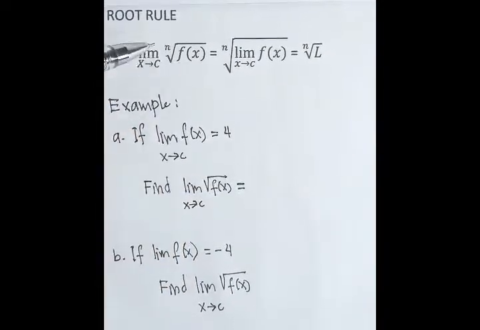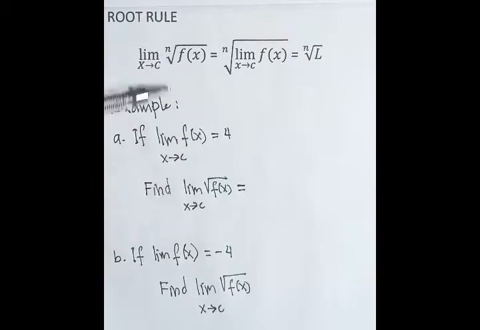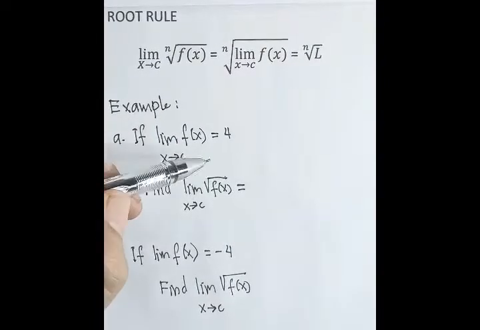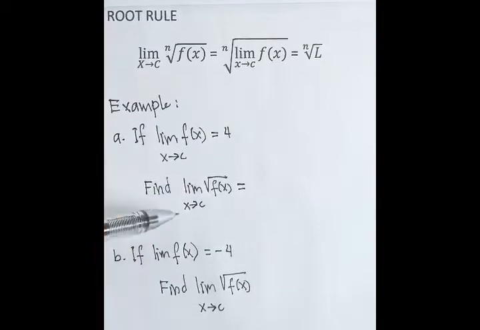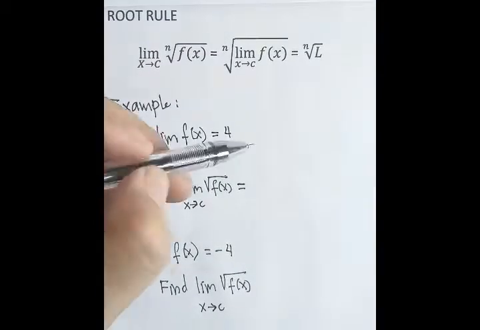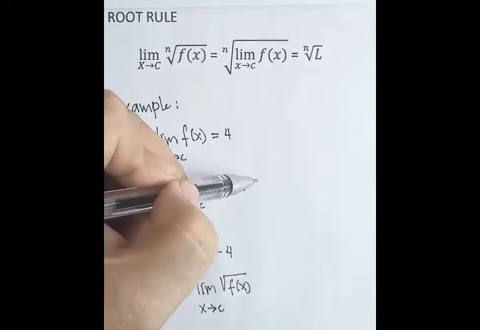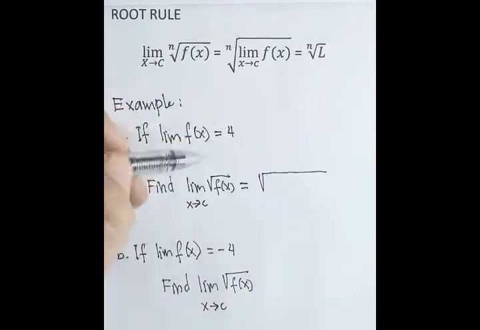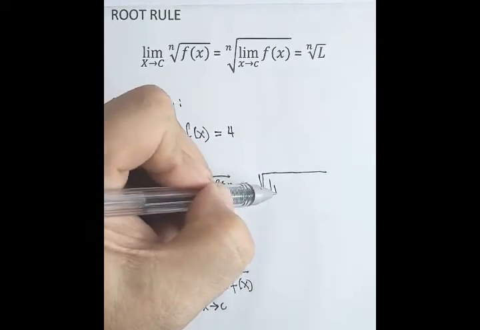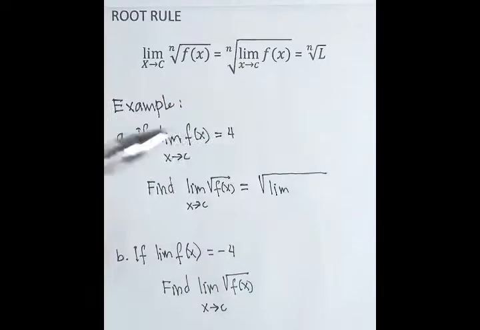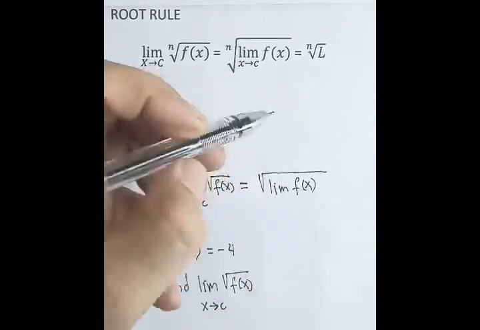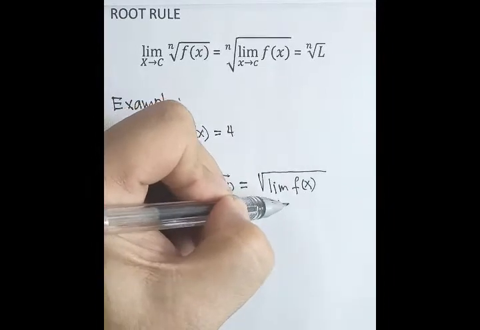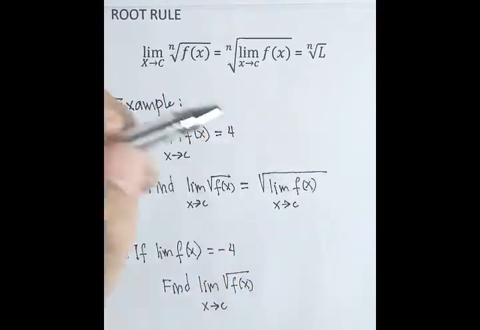So applying this rule, this is simply the square root of this whole expression. So it becomes the square root of the limit of the function of x as x approaches c.